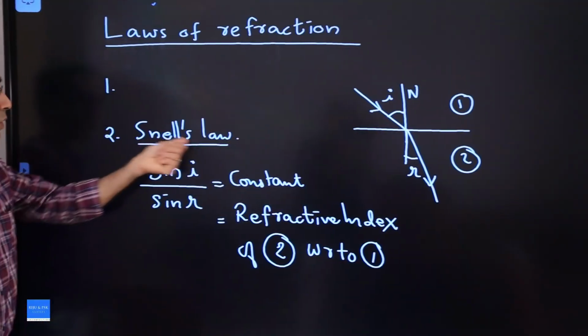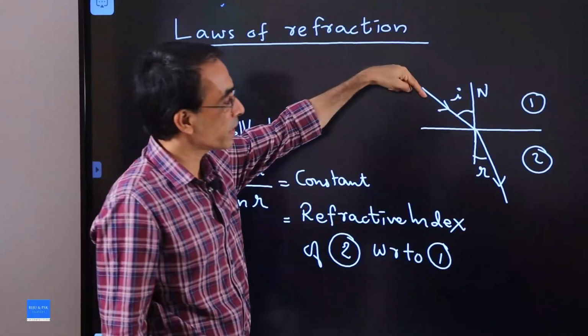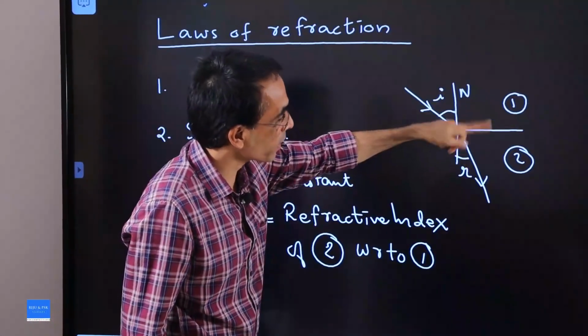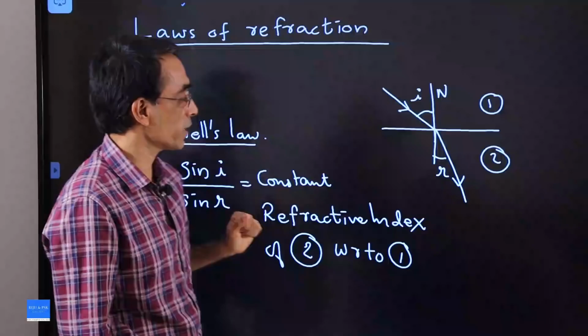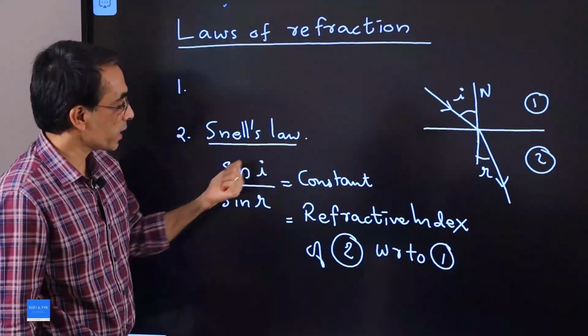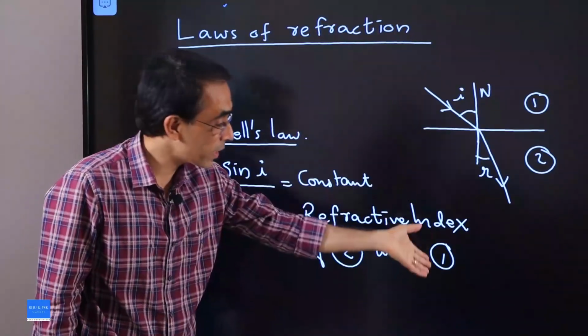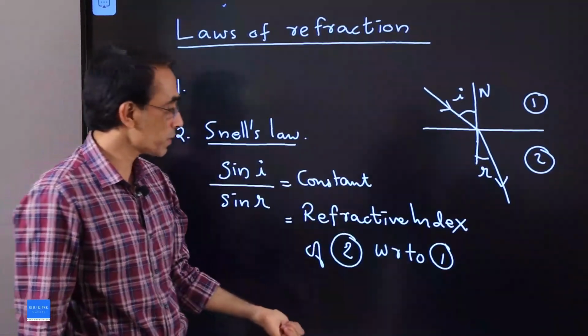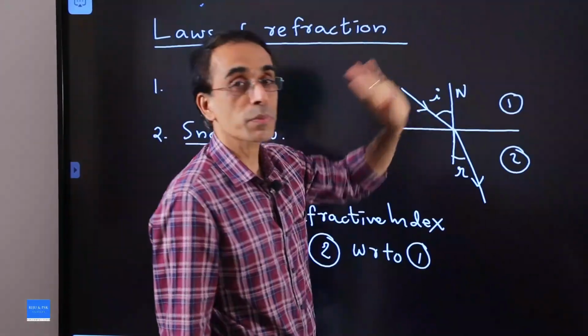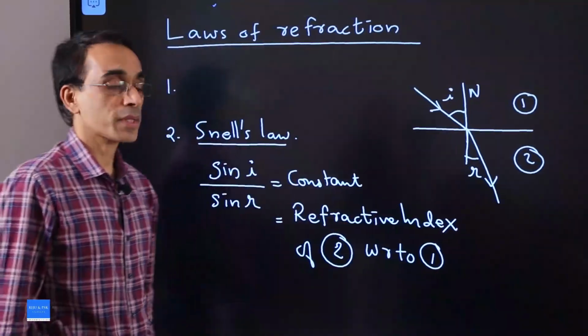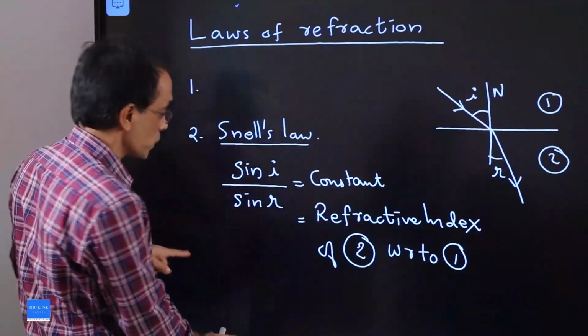So Snell's law: the first law says the incident ray, refracted ray and normal lie in the same plane, and the second says that sin I by sin R is a constant, called the refractive index, which is the refractive index of the second medium with respect to the first medium. These are the two laws of refraction.